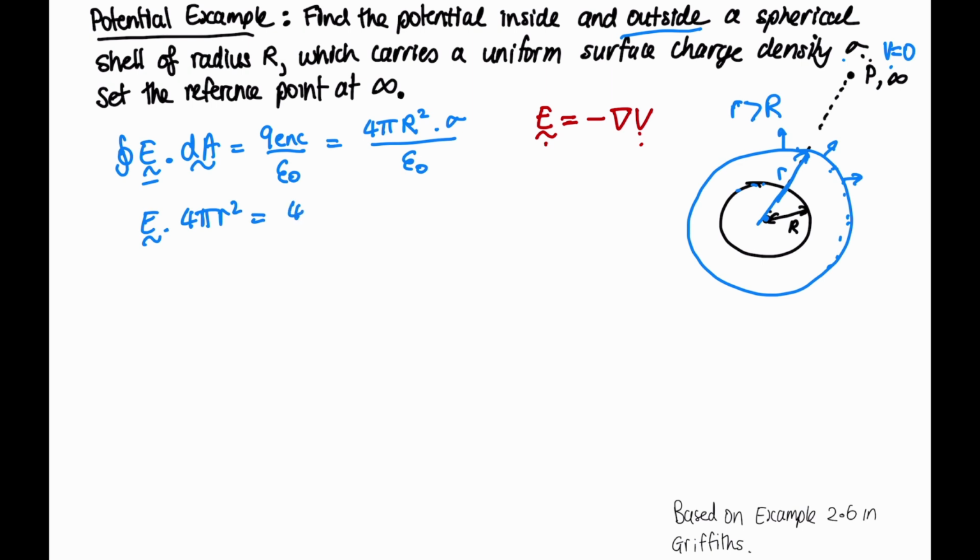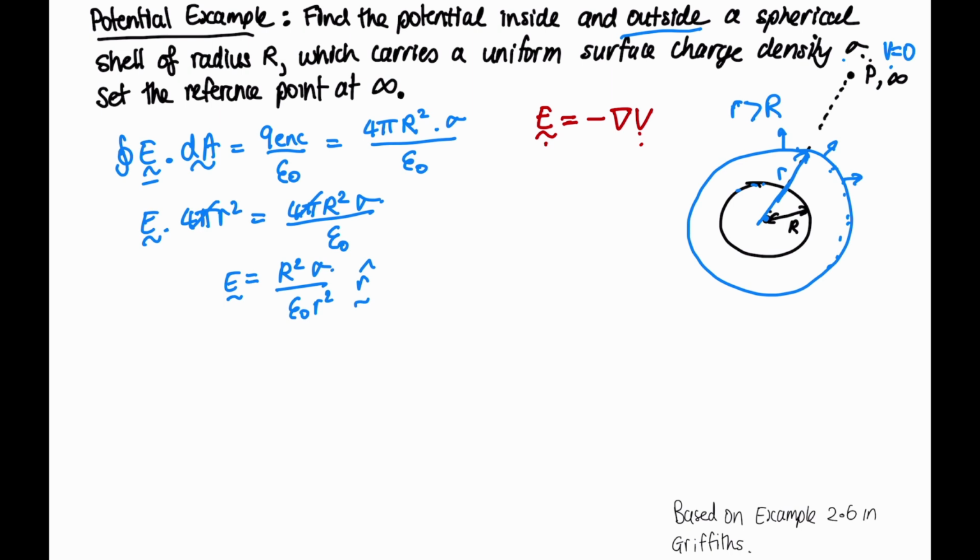It is going to be equal to 4 pi big R squared sigma over epsilon naught, because that was related to the actual amount of charge, which was the area of our sphere there. And so these will cancel out, and we have that our electric field is equal to R squared sigma over epsilon naught little r squared. And this is a vector, so we should have a direction, and we've said that that is in the radial direction there.